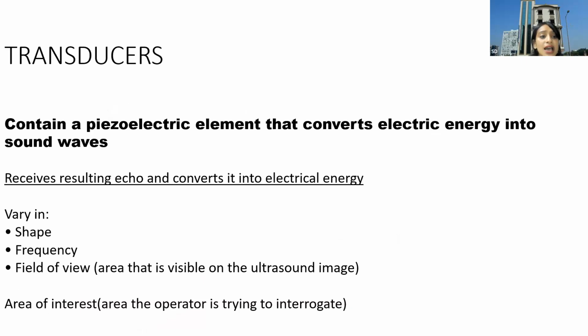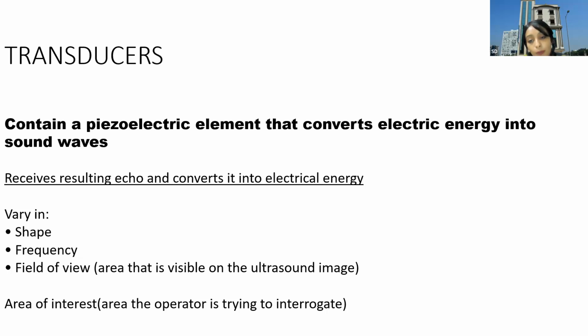Transducers have a patch which contains an element with piezoelectric property. What is this piezoelectric property? It has the property of transferring mechanical energy into electrical energy, and that is what we call the piezoelectric effect.